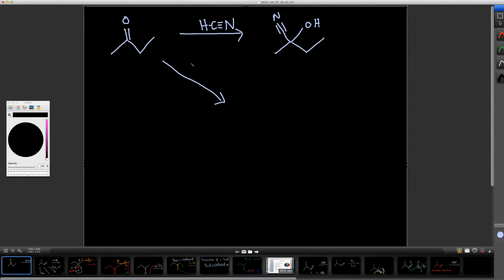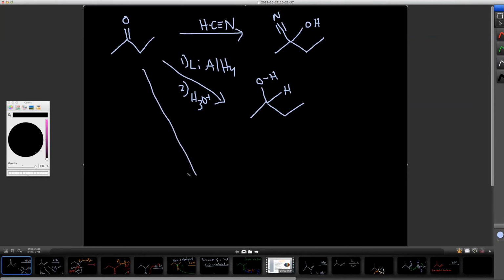We reduced a carbonyl to an alcohol with lithium aluminum hydride in the first step, and then an aqueous acid in the second step. We produced a hydrate with the acid-catalyzed addition of water. Remember, this gives us a gem diol.